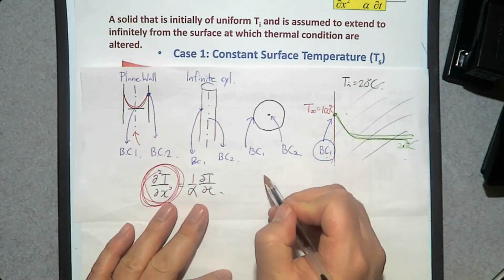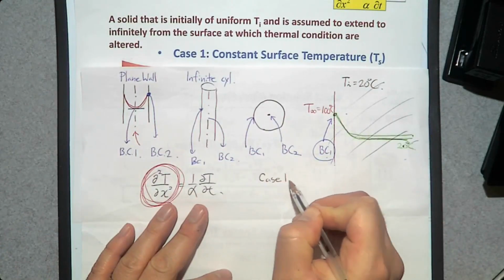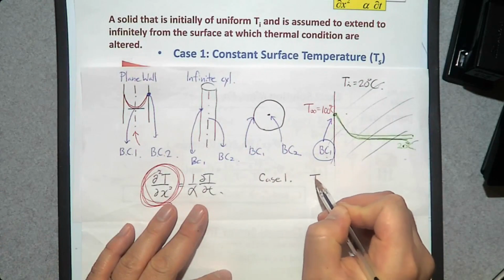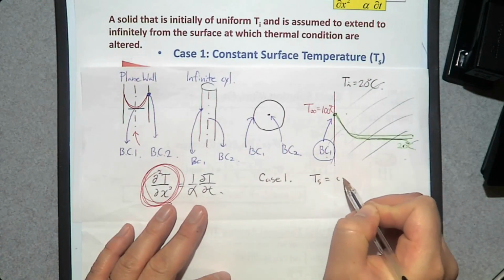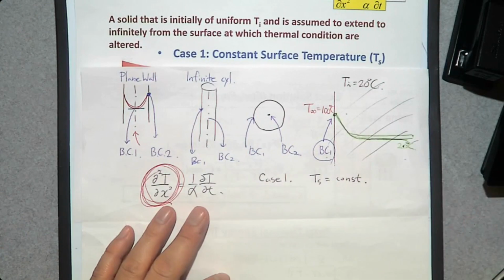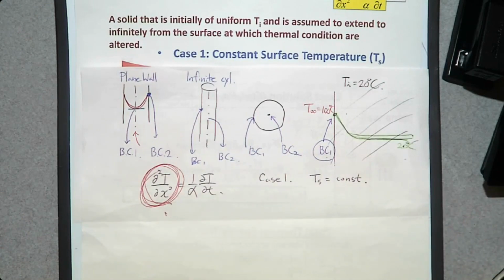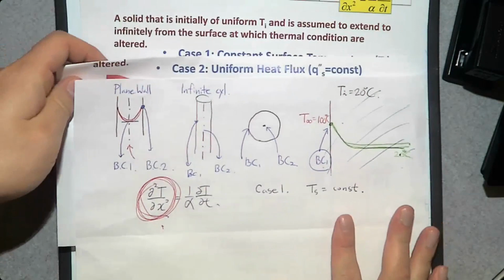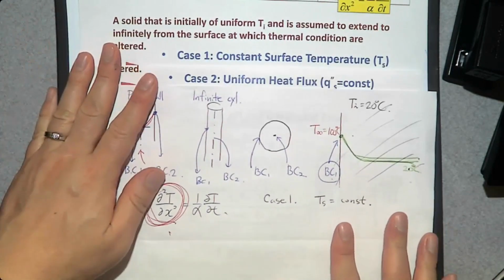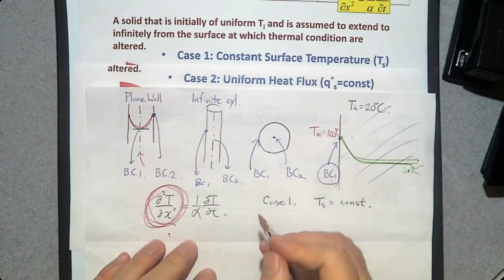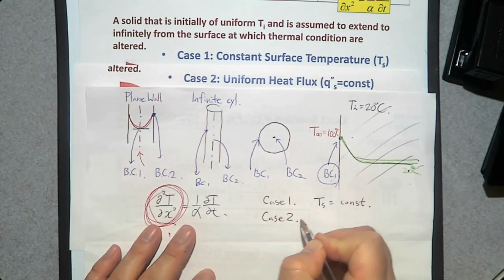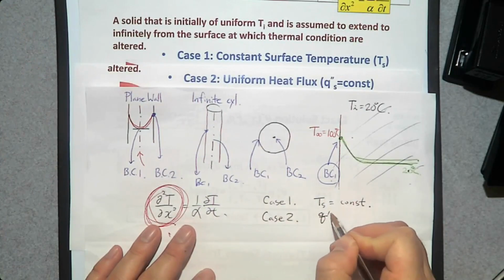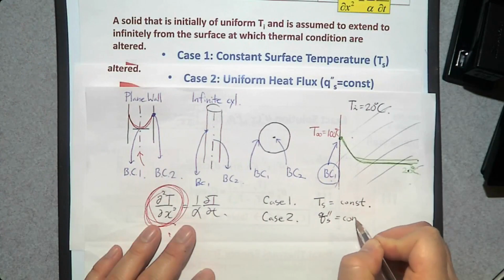So the first assumption, case 1, is that the temperature of the surface is constant. And the second assumption is uniform surface heat flux. So case number 2, the heat flux at the surface is constant.